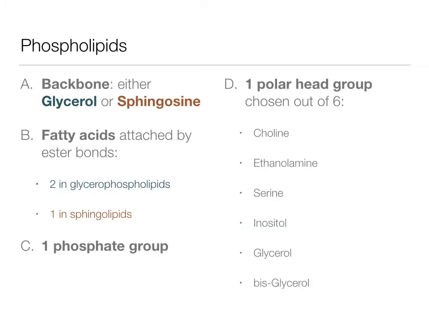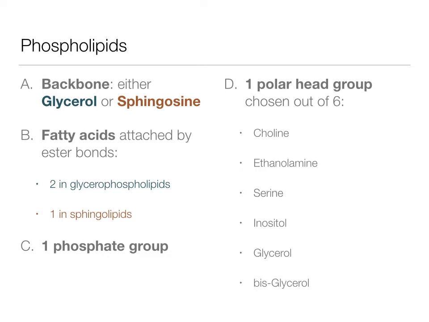A bit more precisely, when you look at phospholipids, there is always a backbone. So in the previous slide we saw the glycerol as a backbone. It could also be another type of molecule called the sphingosine. You always have fatty acids attached to the backbone. In the case of glycerol, it is called a glycerophospholipid and you have two fatty acids.